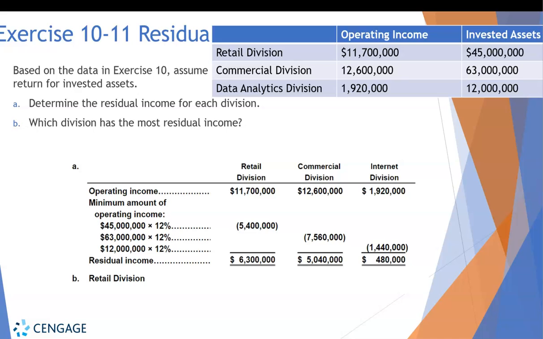So if we have a minimum amount of operating income being 12%, then the retail division's residual income is sitting at $6,300,000. The commercial division is sitting at $5,040,000, and the internet division is sitting at $480,000. So clearly the retail division has the most residual income.